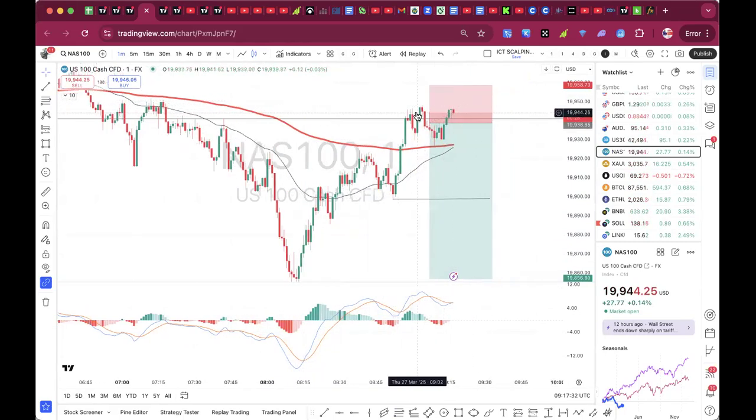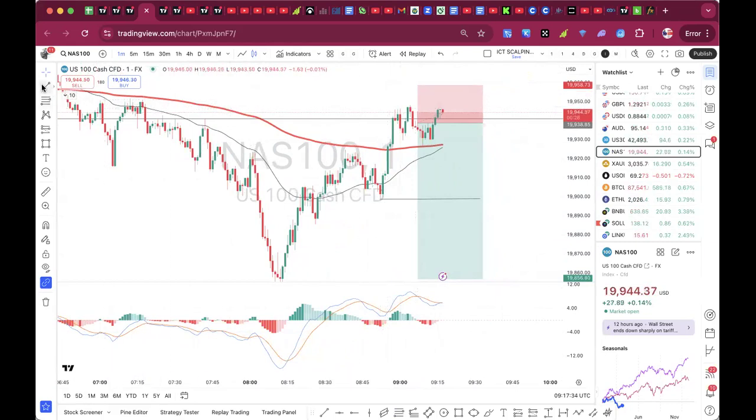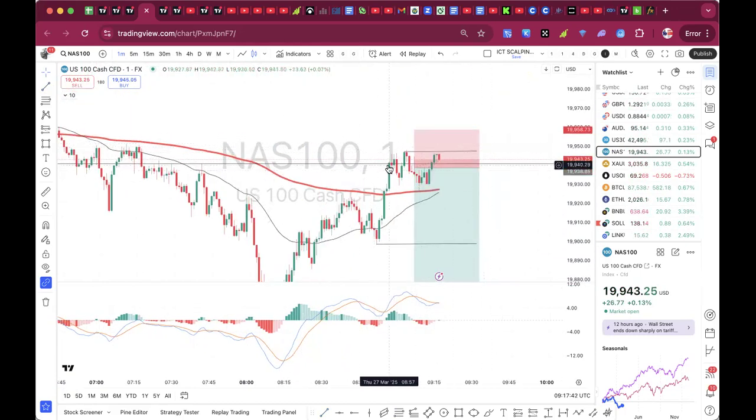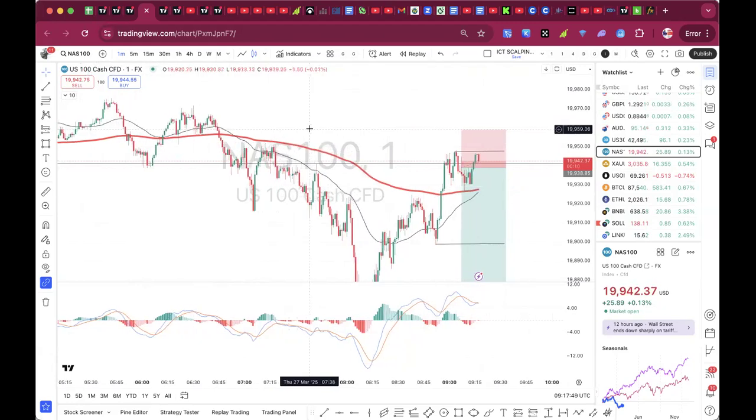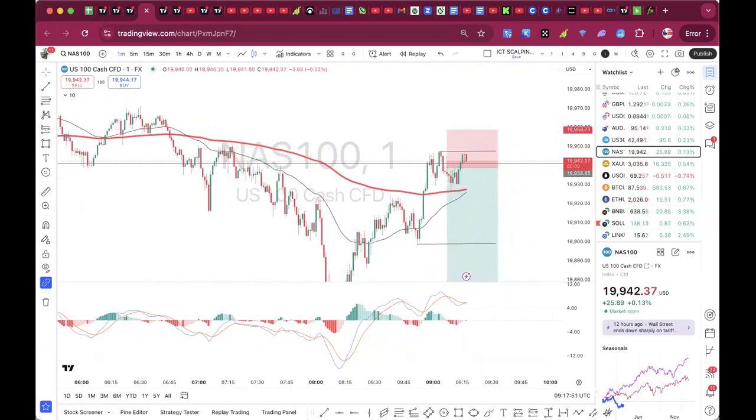Now, if you break this structure, that means it's going to continue moving up. Look at this liquidity. Because we are above the 200 moving average, there is so much liquidity lying down here. So that's where you need to be careful.